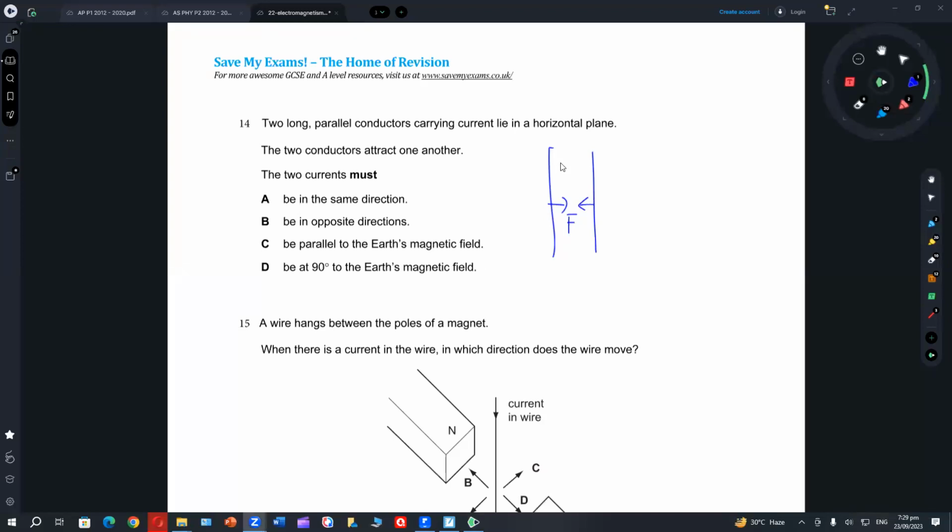Same direction. Very good. So what should be the answer? It should be A. Good, Ahmad.